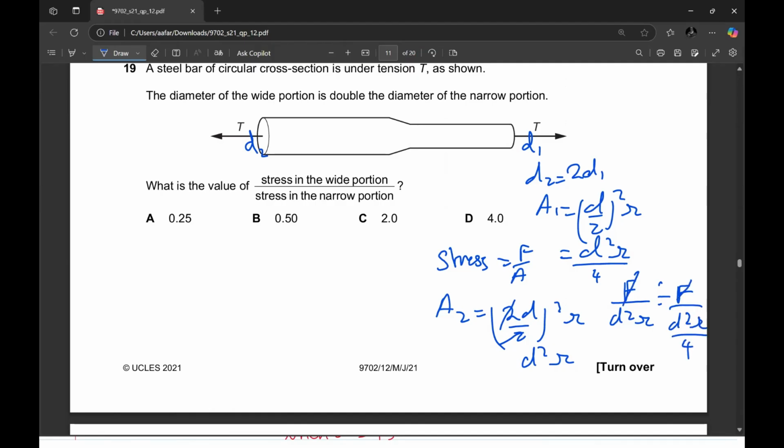F cancels out. D square pi into 4 over D square pi.